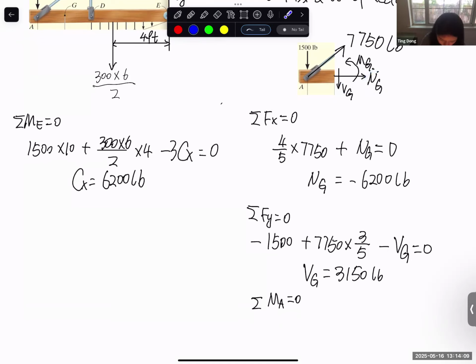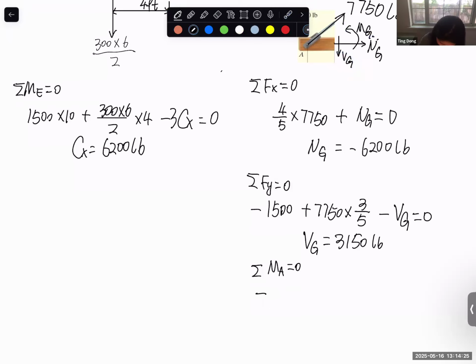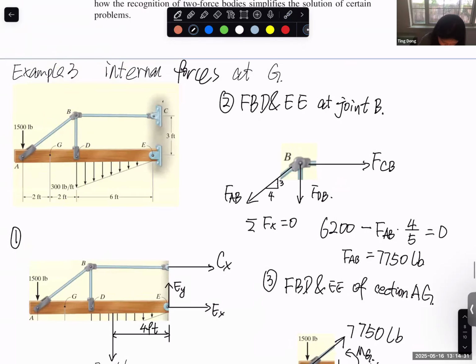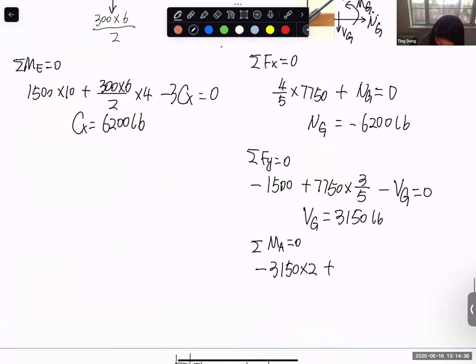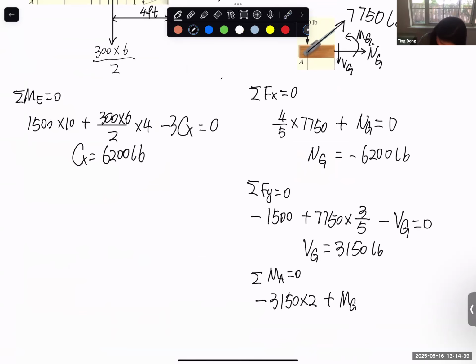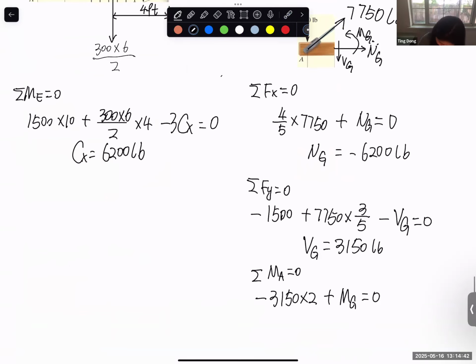So the only two components we consider: this one will generate a clockwise moment about A, and this one is a counterclockwise moment about A. So two components. 3, 1, 5, 0. Moment arm is 2. And mg is counterclockwise already. So we have 3, 6, 3.